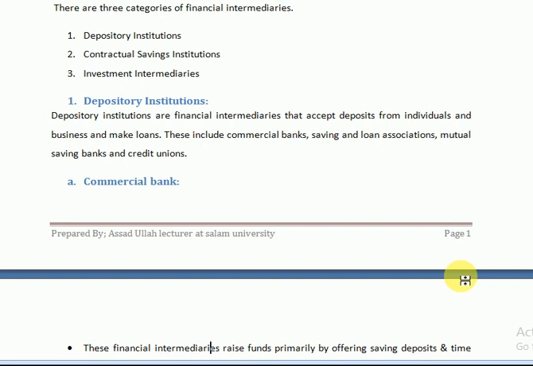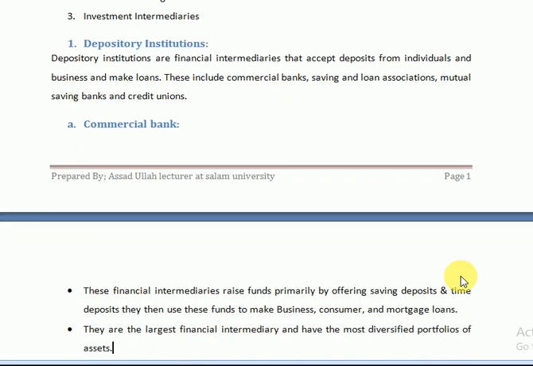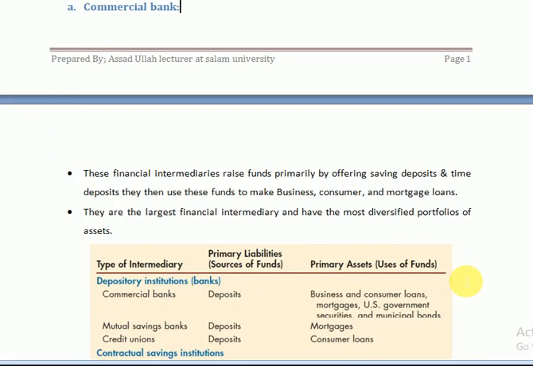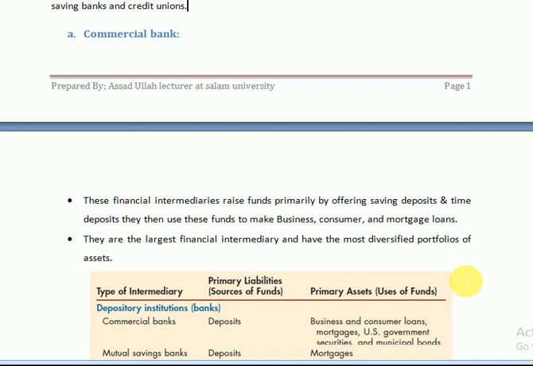Depository institutions are further divided into different types. The first type is the commercial bank, or banks. You studied and learned about banks in the 4th semester in the money and banking subject.